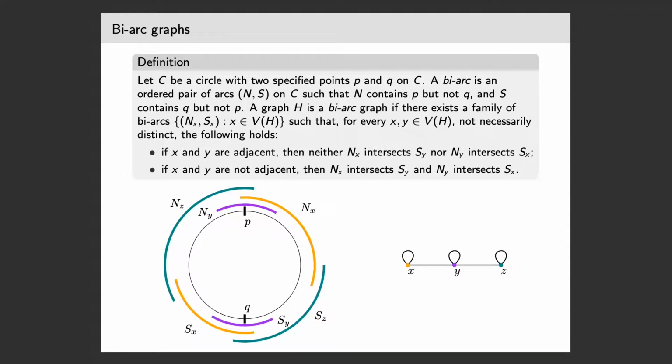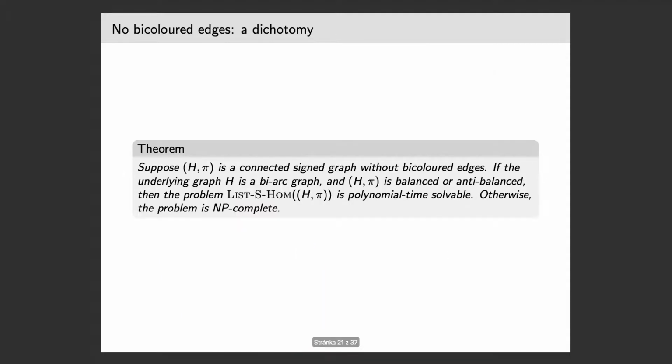We see an example of a bi-arc graph in the figure below. On the right, there is a reflexive path on 3 vertices, and on the left, we have its bi-arc representation. With the definition of bi-arc graphs, we can now state the dichotomy for this case.